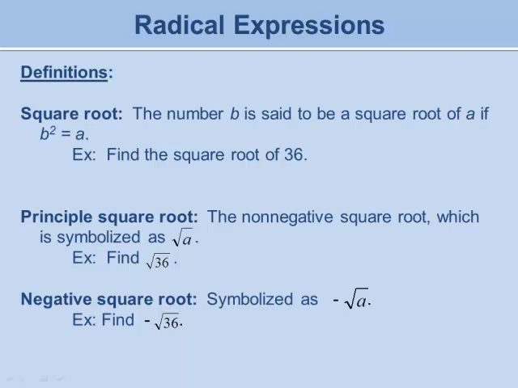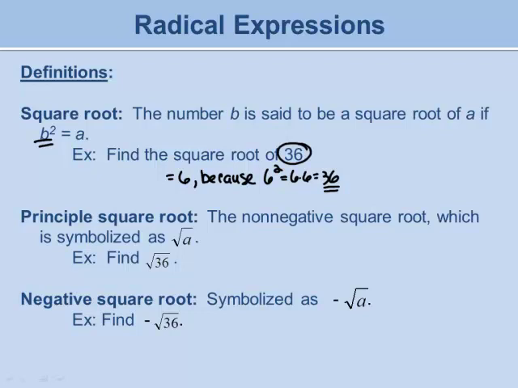There are actually two numbers that when you square them give you 36. 6 is a square root of 36 because, using the definition above, if you take 6 and square it, 6 times 6 is 36, the number we're asking to find the square root of.